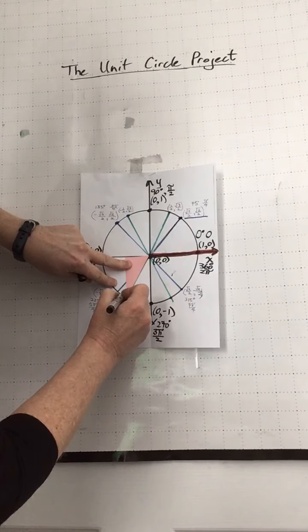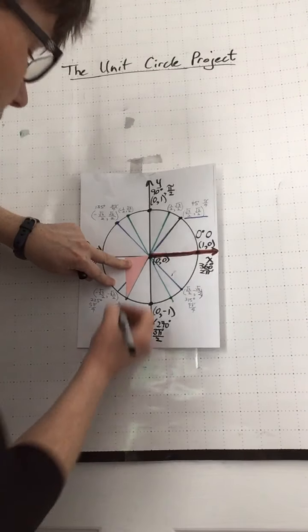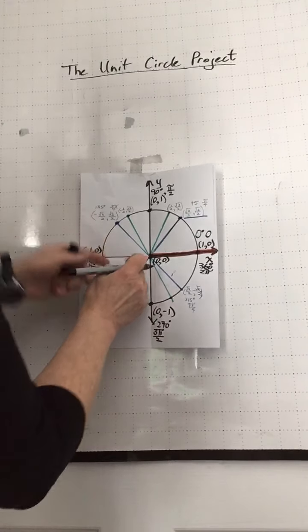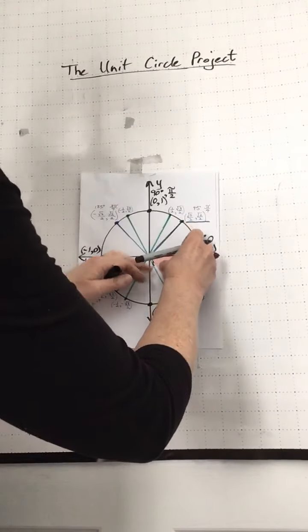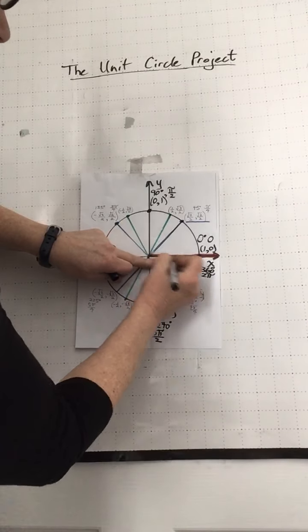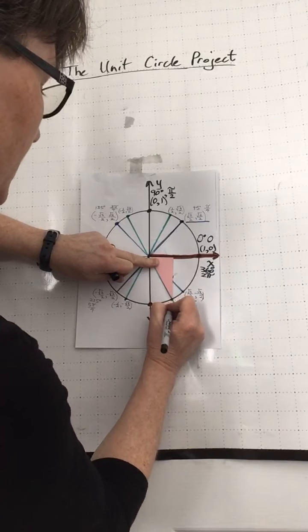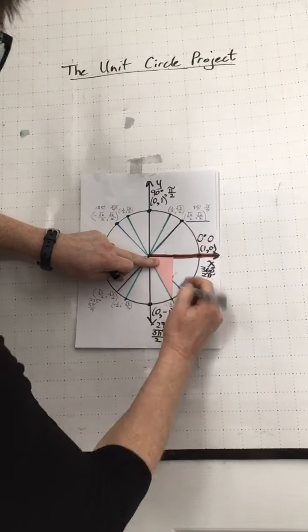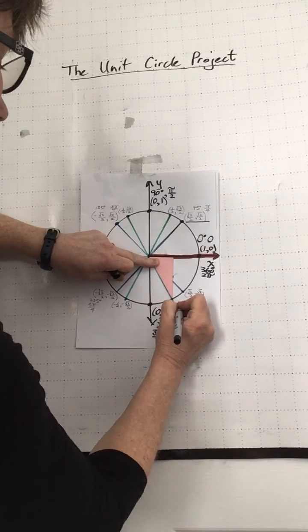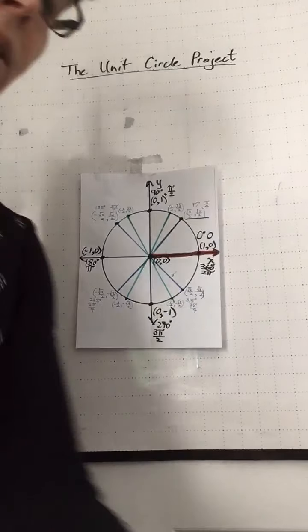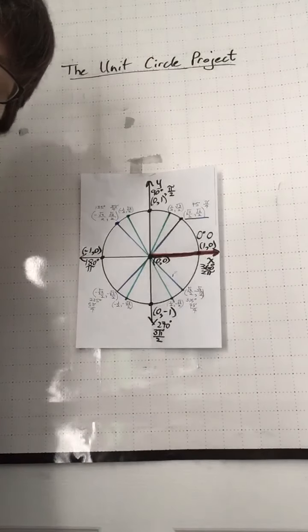And still the same distance, √3/2, but now it's in the negative direction. So negative √3/2. Flip it the last way around here. All right, so same x coordinate, 1/2, and in the positive direction, √3/2 in the negative direction for the y coordinate. All right, now we just have to add our angles on.